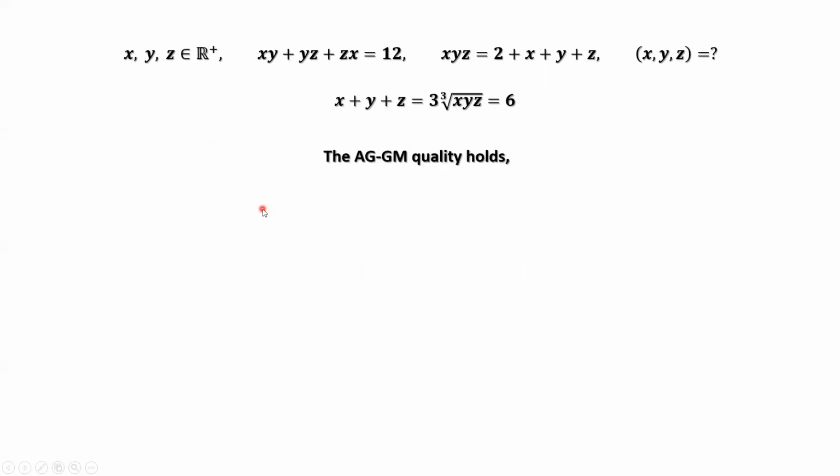By the condition of the inequality, because here the equal sign is true, equal sign is true means x, y, z all are the same. x plus y plus z equals 6. Therefore, x equals y equals z equals 2. The only solution for this system of equations is x, y, z equals 2, 2, 2.